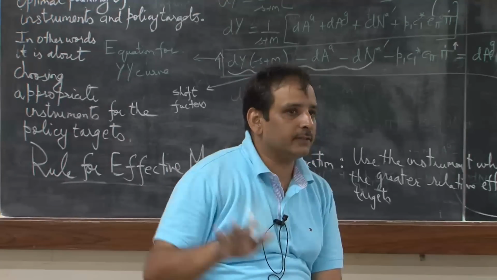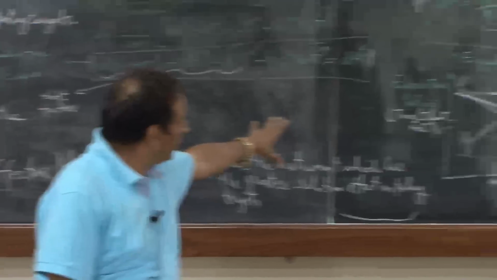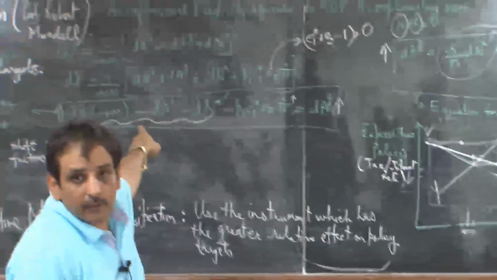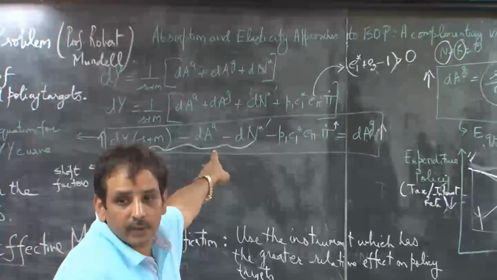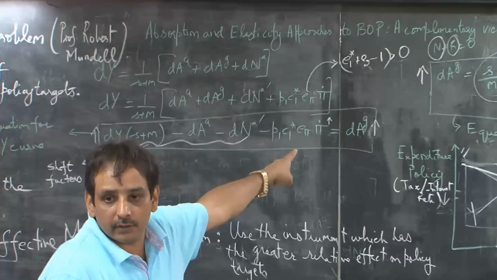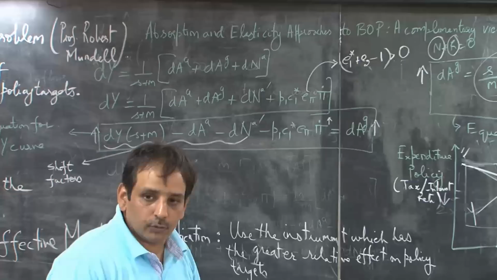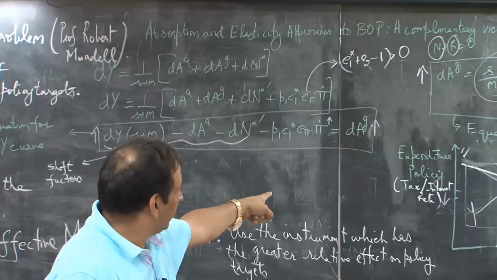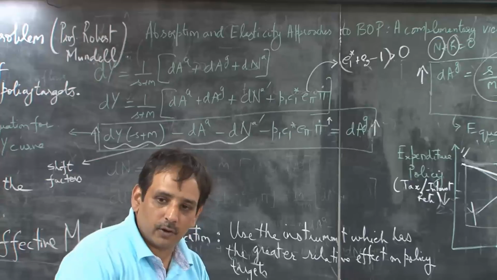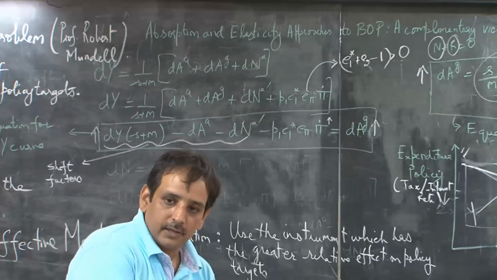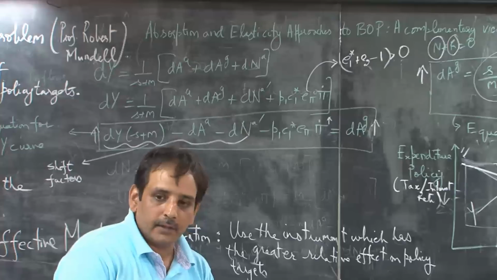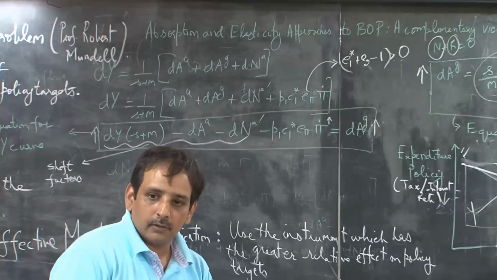But that would be a separate exercise from this, because we will continue with the absorption and the elasticity approach, a view that we have taken that they are complementary to each other. What I will try to show you is that fiscal policy will go for maintaining the internal balance, and monetary policy will go for maintaining the external balance.